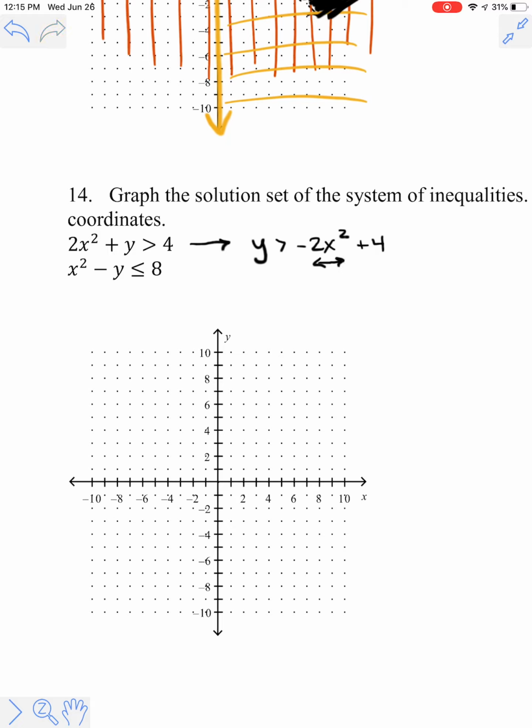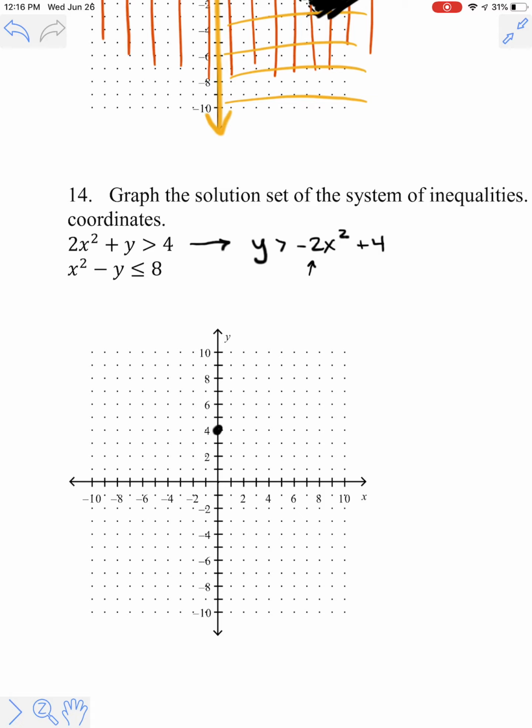There isn't anything inside the function moving it left or right, so the vertex just moves up 4 units. The minus sign flips it upside down, so I know the parabola is going to be upside down like that. And the 2 is going to be a compression. So it's going to make the parabola a bit skinnier.